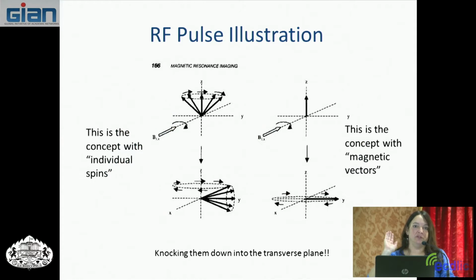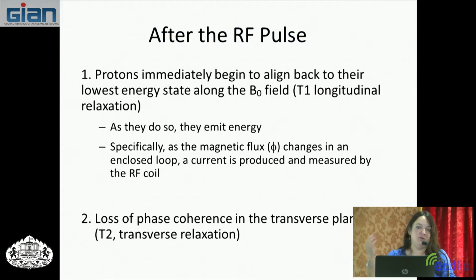Then we hit them with this RF or radio frequency pulse, and what this does is it tips them down into the XY plane. So if they're lined up within the Z plane, we tip them down with this RF pulse and knock them into the transverse plane. Then we let them do their thing to get back into their lowest energy state, which will be lining up within that magnetic field again.